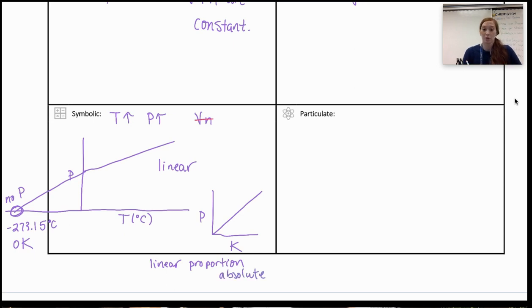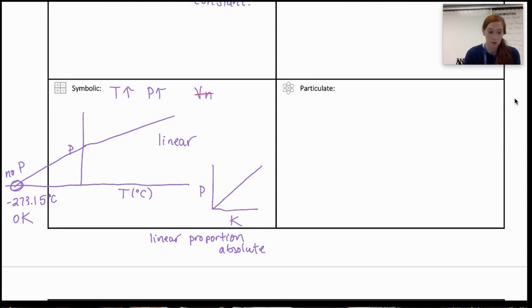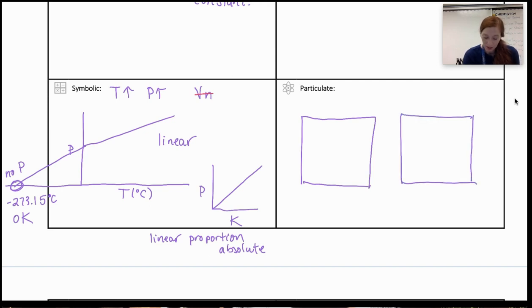Okay, particle diagrams. We want to show that our volume is the same. So again, I didn't do my very best to draw two equally sized containers. Same number of particles. Again, 4 or 5 is probably a good number. Let's switch it up and go with 5 this time.